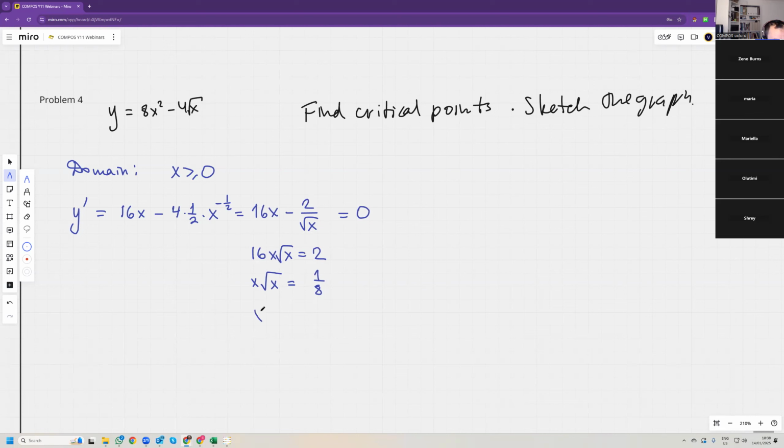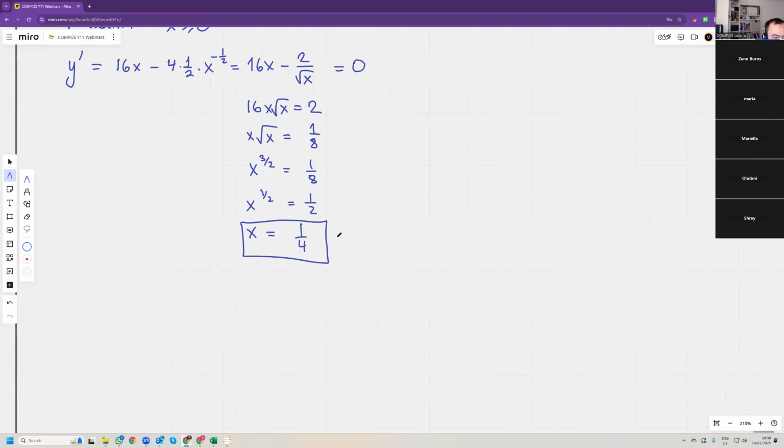So x to the power 3 over 2 equals 1/8. So x to the power 1/2 is equal to 1/2. So x is equal to 1/4. All right. 1/4 is a stationary point.